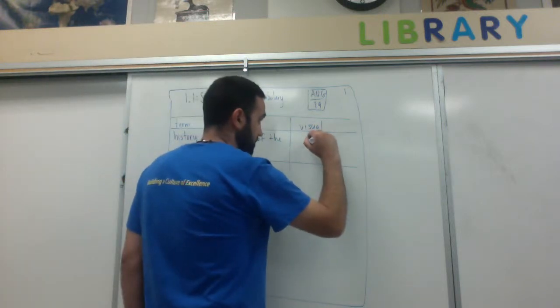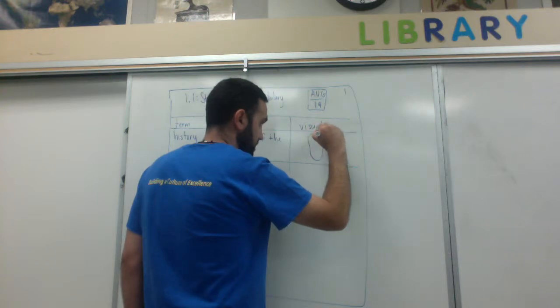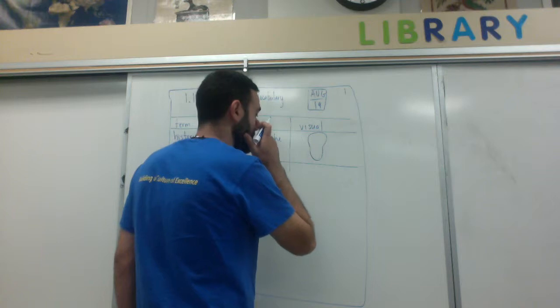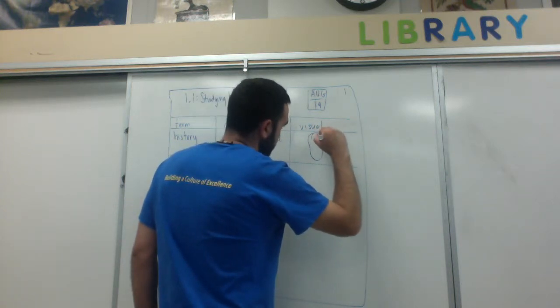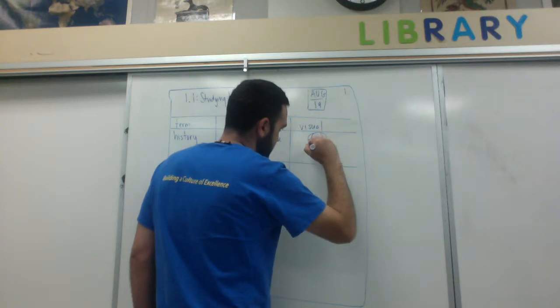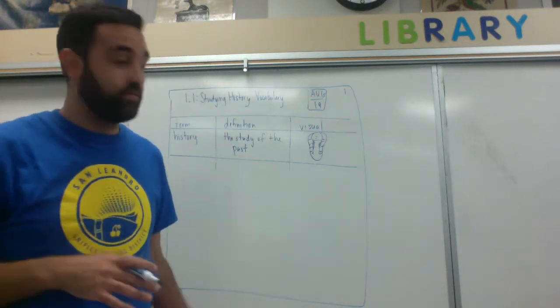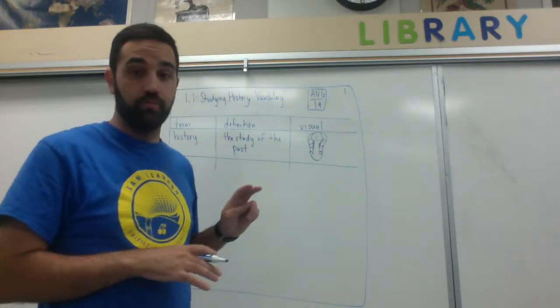I'm just doing this off the top of my head, so it's not going to be good, but maybe I'm thinking of what they're kept in, the coffin, sarcophagus. This is clearly a terrible picture, okay? But you get the idea. Picture, it's going to help you remember what the term means, okay?